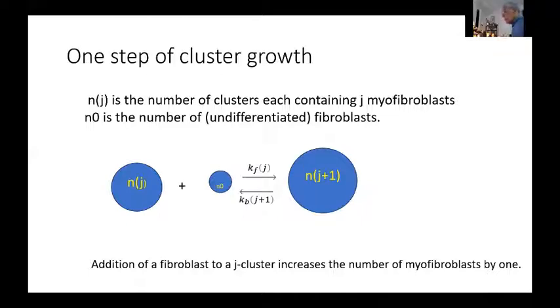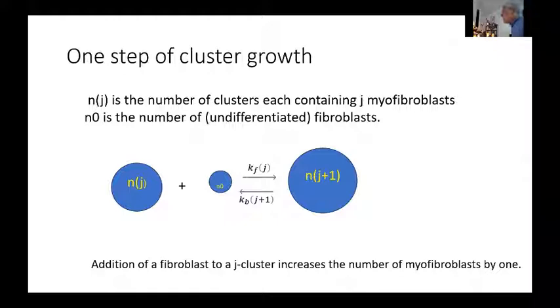So suppose you have a number of clusters, might be one or two or several, clusters that have J myofibroblasts in them. Now, in the vicinity of one of those clusters are fibroblasts, which are not activated, they're not myofibroblasts. And the influence of the cluster on a nearby fibroblast will accelerate its probability of becoming a myofibroblast, which then joins the J cluster and makes it into a J+1 cluster.